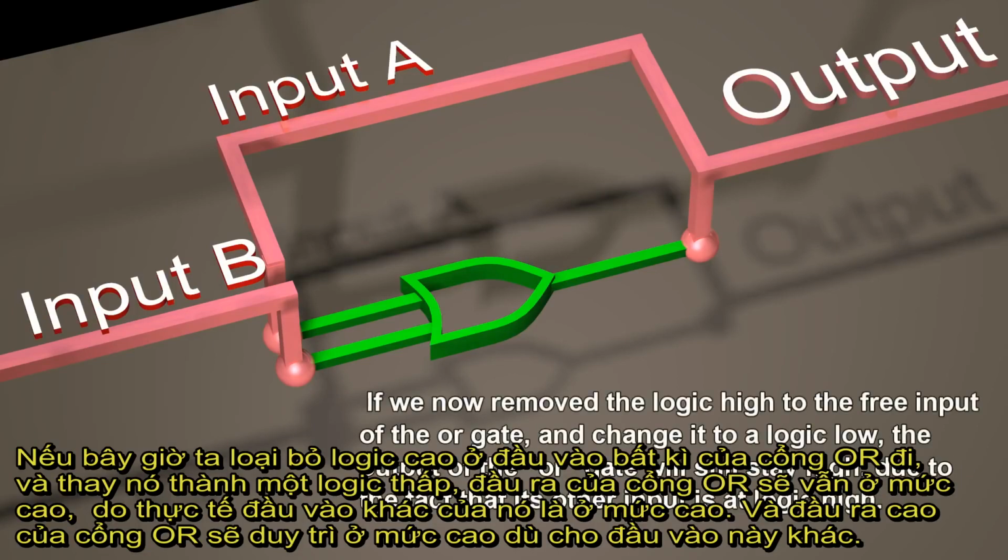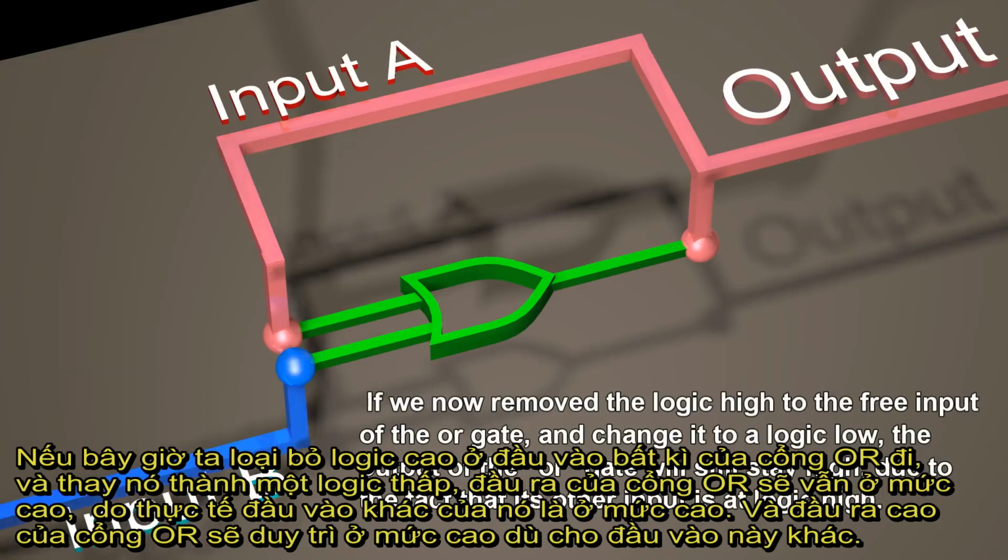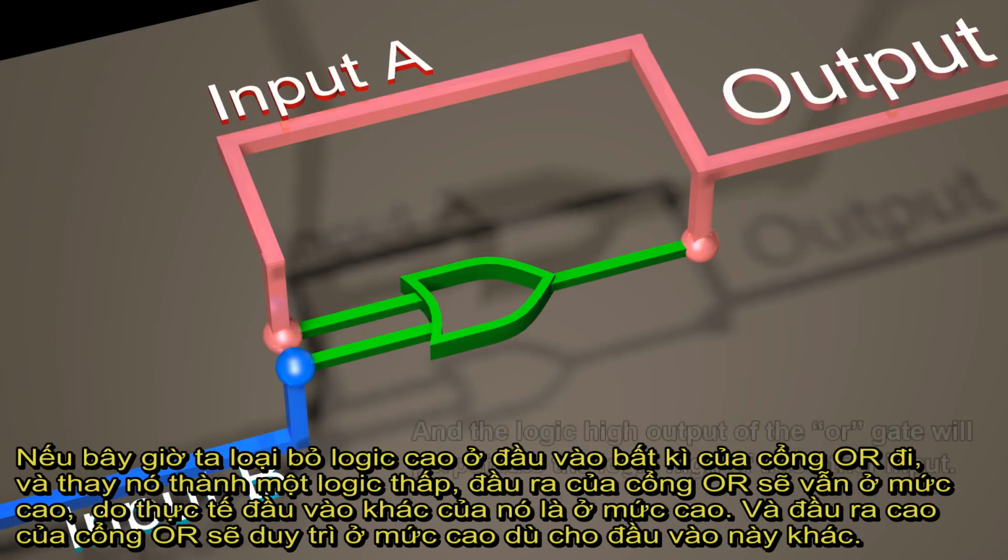If we now remove the logic high to the free input of the OR gate and change it to a logic low, the output of the OR gate will stay high due to the fact that its other input is at logic high. And the logic high output of the OR gate will perpetuate the logic high of this other input.